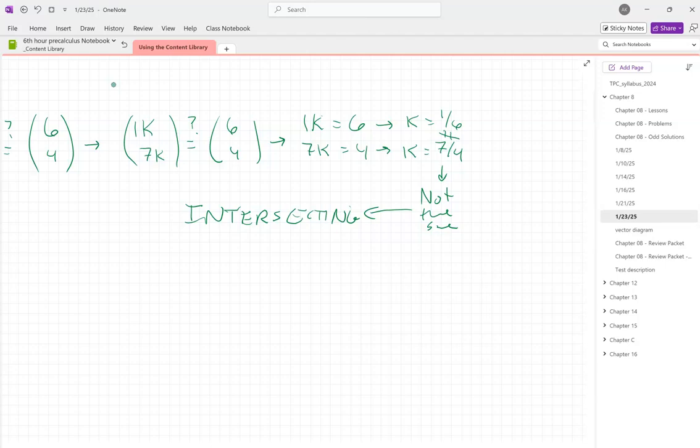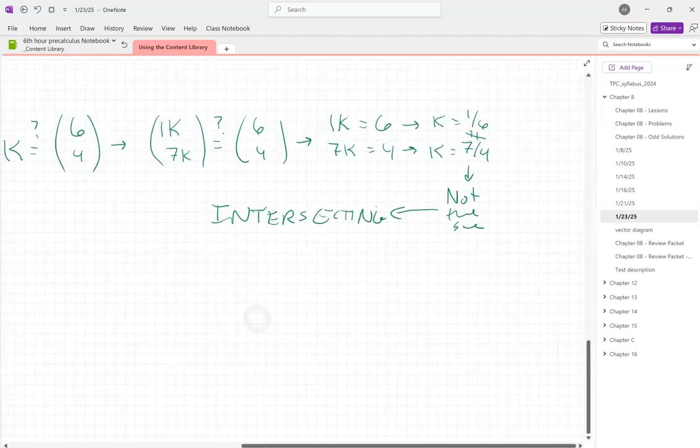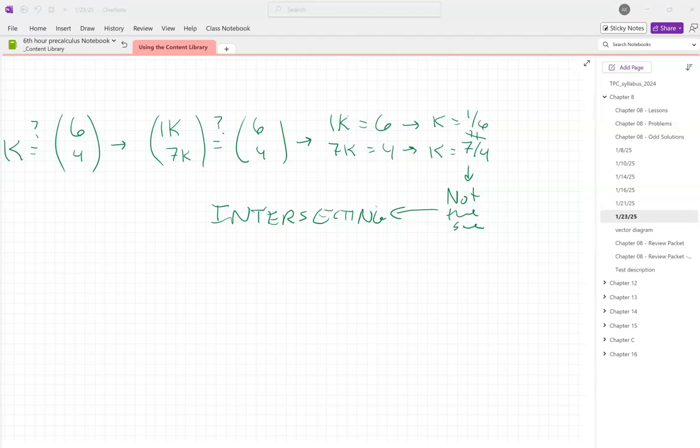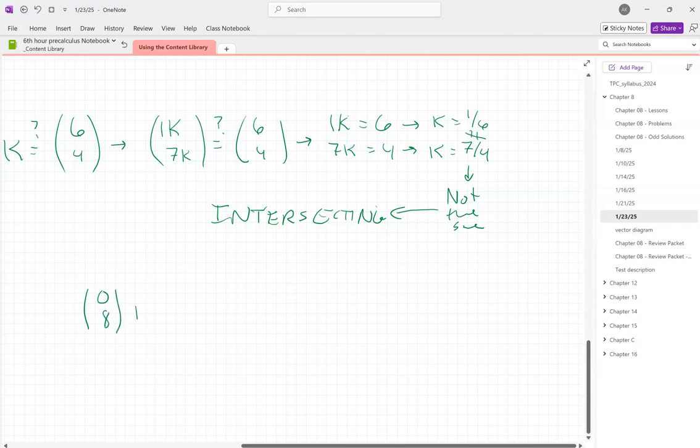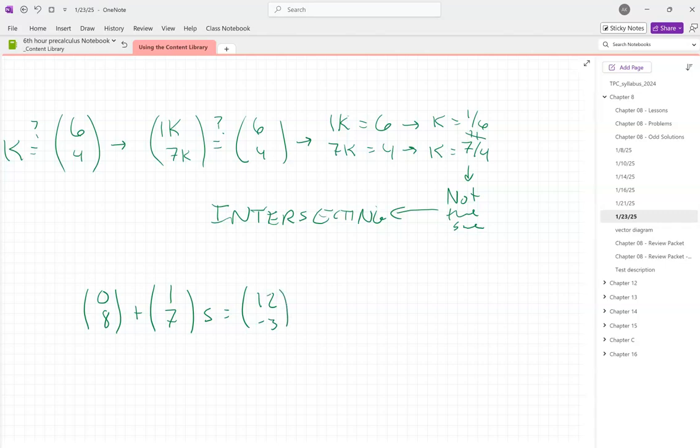To find that point of intersection, I'm going to take equation 1 and set it equal to equation 2. So equation 1 was 0, 8 plus s times 1, 7, and I'm going to set that equal to 12, negative 3 plus t times 6, 4.